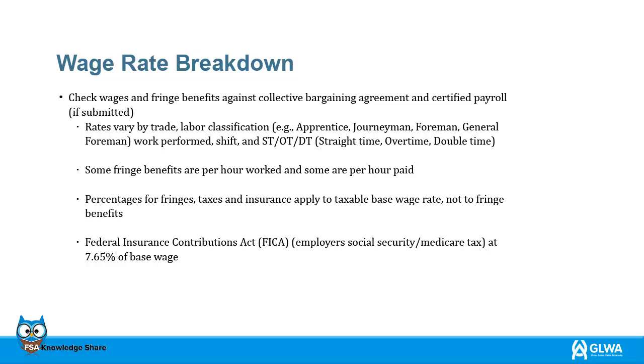It needs to be noted that some fringe benefits are per hours worked, and some are per hours paid. Percentages for fringes, taxes, and insurance apply to the taxable base wage rate, not to fringe benefits. Finally, the Federal Insurance Contributions Act, which is at 7.65% of the base wage.